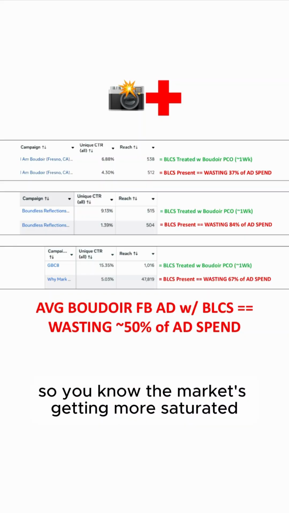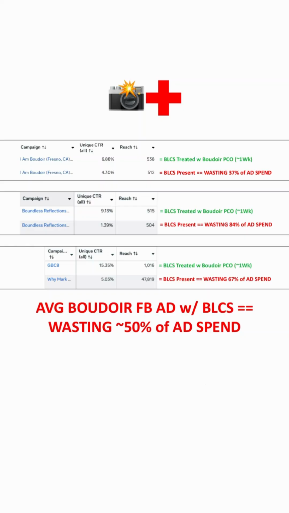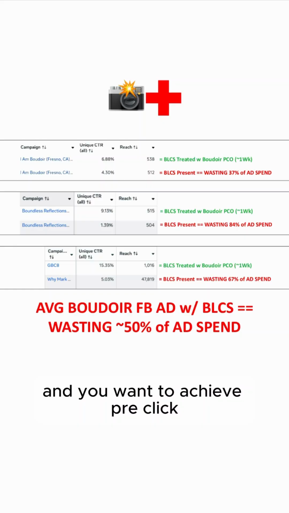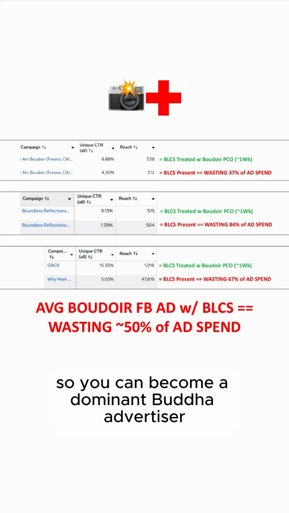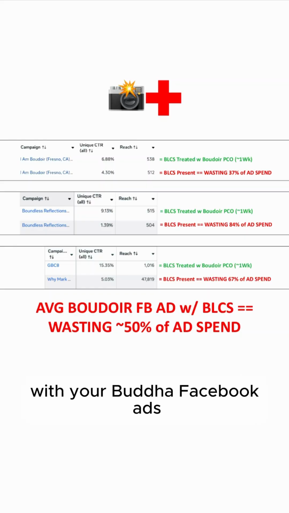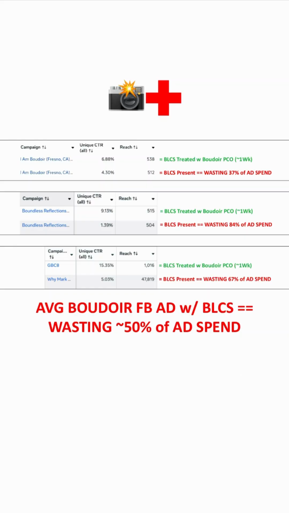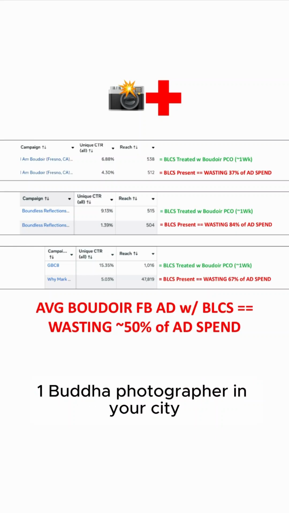So you know the market's getting more saturated, and you know that inflation's hitting harder, and you want to achieve pre-click alignment in your boudoir Facebook ads so you can become a dominant boudoir advertiser and achieve boudoir brain entry boost with your boudoir Facebook ads, then shoot me a DM because we know you want to be on your way to becoming the #1 boudoir photographer in your city.